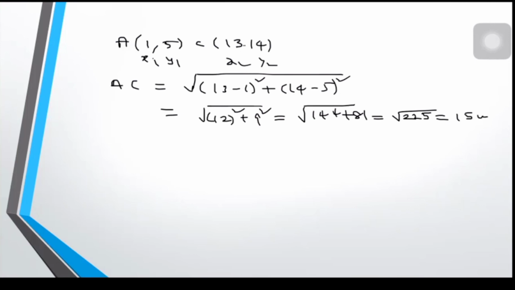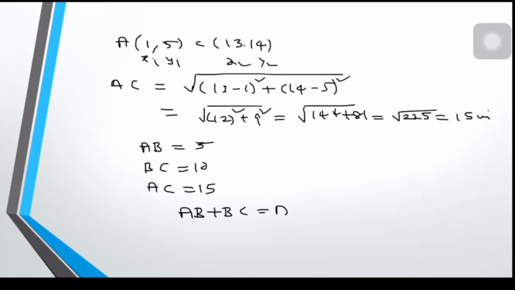units. So here AB is equal to 5 units, BC is equal to 10 units and AC is equal to 15 units. So AB plus BC is equal to AC here.